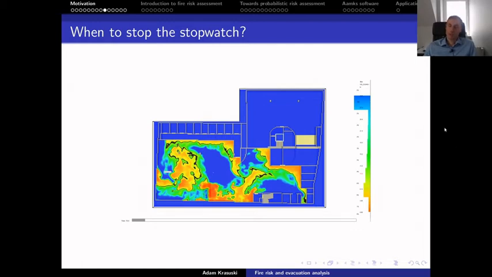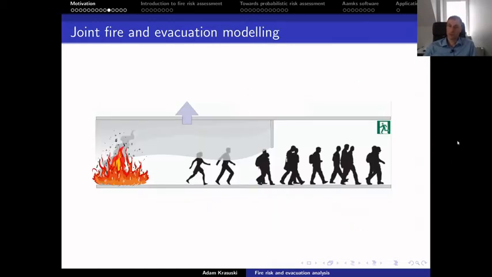What is the solution? The solution is joint fire and evacuation modeling. So we can run the simulation of fire and evacuation together and check whether the people go through the smoke or not, and then, just observing the simulation, check whether the condition that ASET is longer than RSET is satisfied.